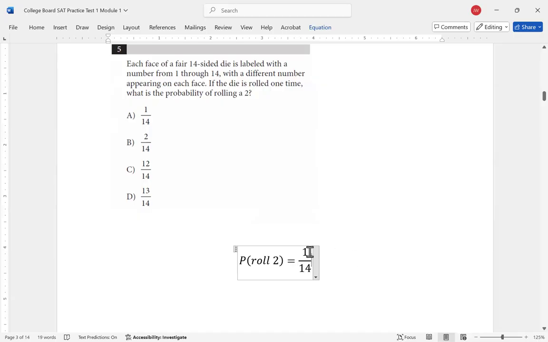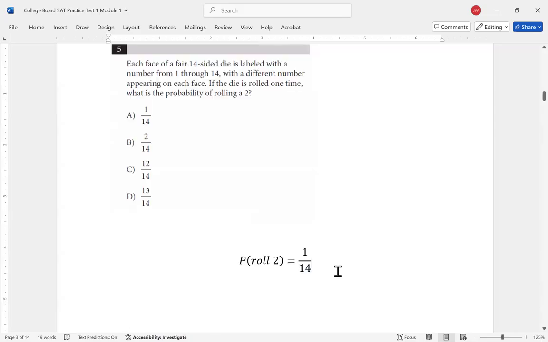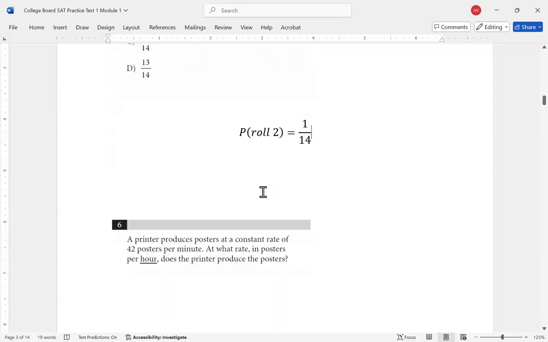The number of outcomes in my event, divided by the total number of outcomes possible. So in this case, that's 1 over 14. And that's the answer to question number 5, A, or 1 over 14.